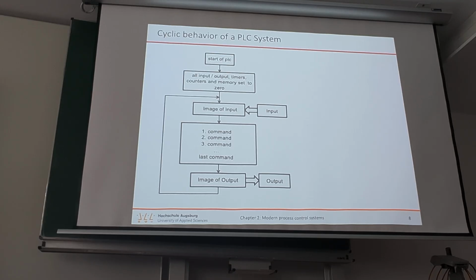In a PLC, at the beginning it really writes zeros to each and every memory cell to make sure that it has a distinct state. And the microcontrollers don't do that because it needs time to write all the memory cells.